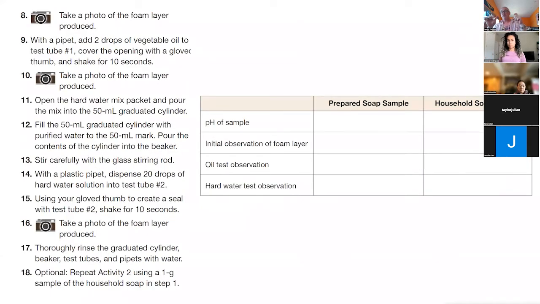So take a picture of the foam layer that you make. Second thing, we add 2 drops of the vegetable oil, and we want to see, can the soap micelles form around the vegetable oil? What should happen is you drop the vegetable oil in, you'll see it separate.